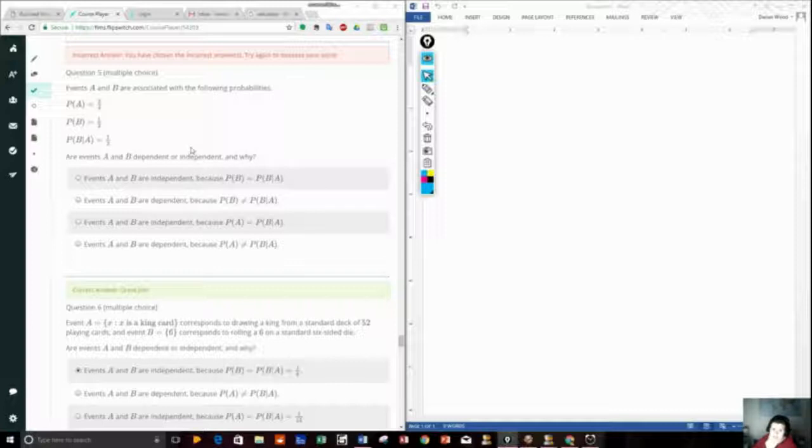Okay, so we need to set up our formula, and if I have it in my notes, I'm remembering that it is probability of B is equal to the probability of B given A. So I want to know, well, the probability of B is 1/3.